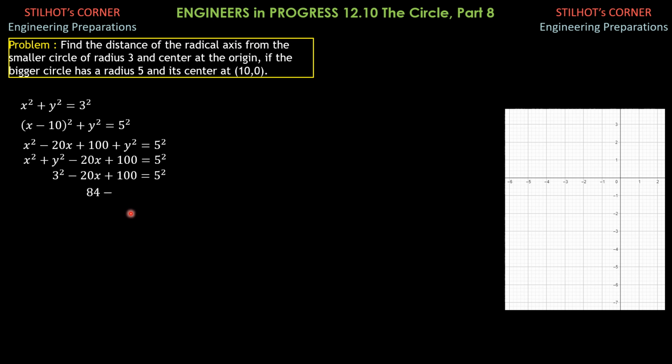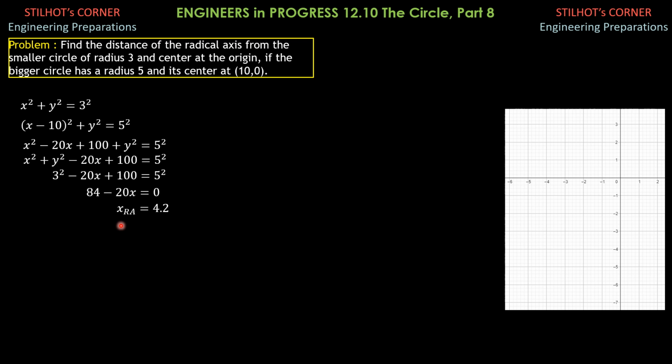So 84 equals 20x, or 84 minus 20x equals 0. Therefore, x, the equation of the radical axis, which is also the distance of the radical axis from the center of the smaller circle, from the y-axis, the origin, is 84 over 20, and that is 4.2.